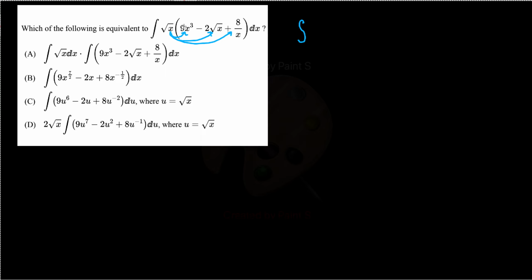Because when I distribute that, I'm going to get 9x cubed times the square root of x, minus the square root of x times the square root of x, which is just x, plus 8 over the square root of x. So I did some algebra real quick there, right? The square root of x divided by x is just a square root x left on the bottom.